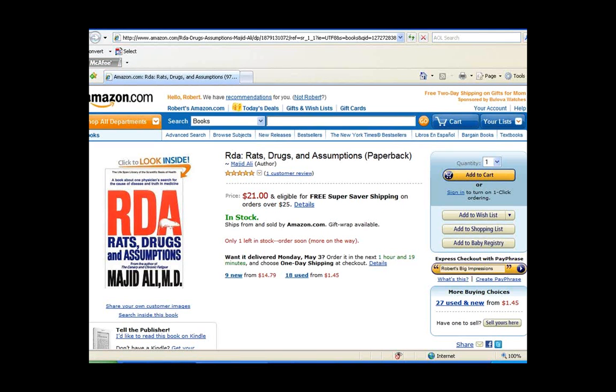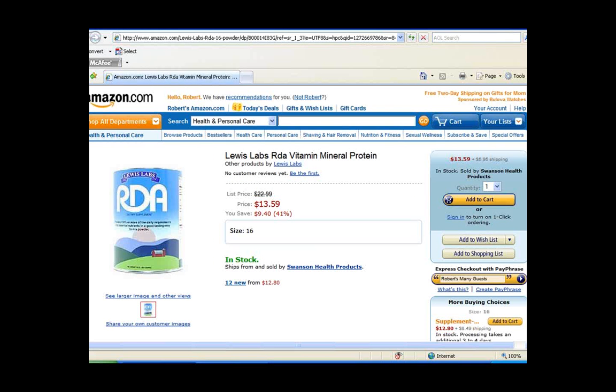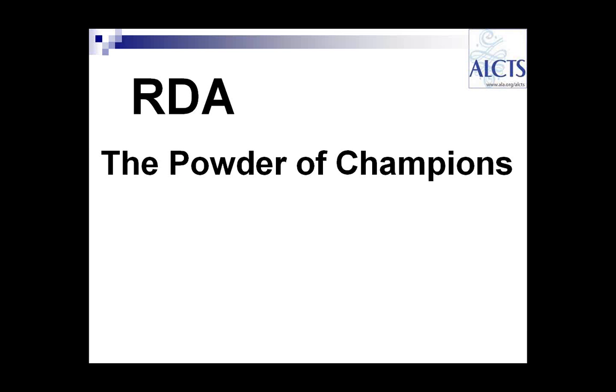So of course, the presentation is based on this book. No, not quite. But you probably heard that RDA will initially only be an online product because it was released on June the 23rd. So I looked at a non-print resource, and of course this is a non-print resource, but this is not the RDA we should consider. RDA is really the powder for champions, really.